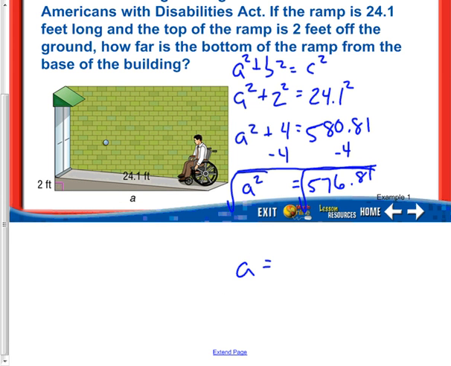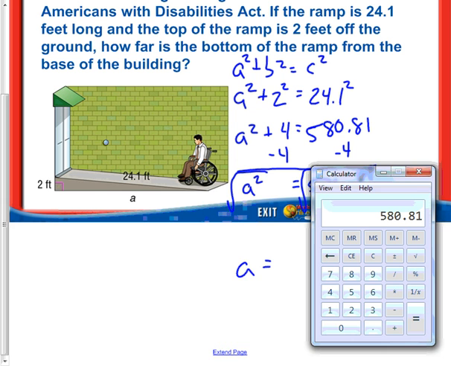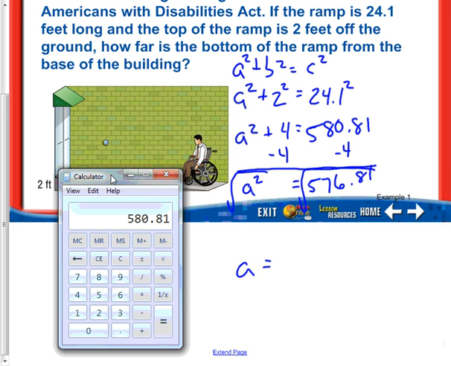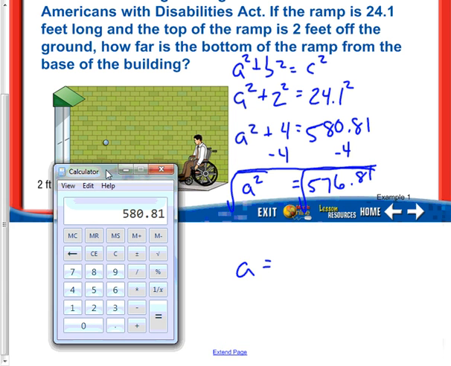And now we'll go back to our calculator and we'll find out what is the square root of 576.81. So the reason why we didn't want to round that before, because now I actually have 0.81 rather than just 0.8, and that'll help us with our answer here.